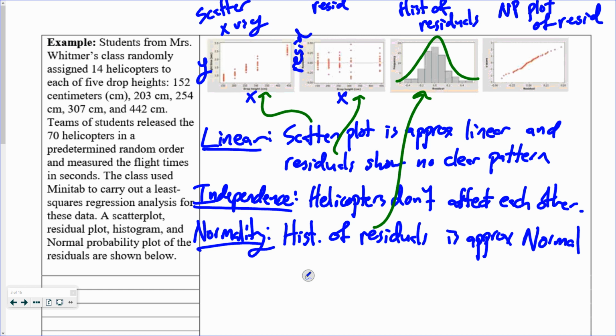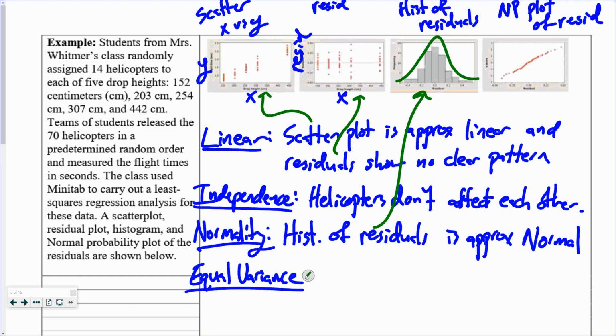Equal variance. That's the one that's a little interesting here. Remember, variance, that's spread, variability, deviations around the prediction equation, that kind of thing.